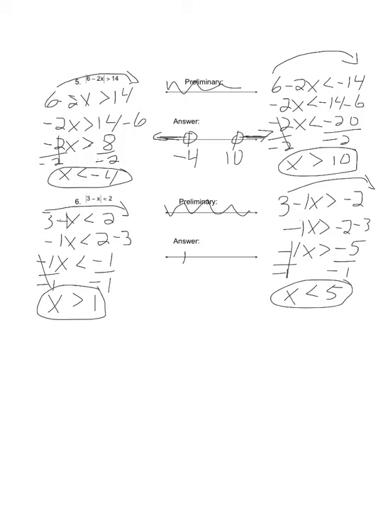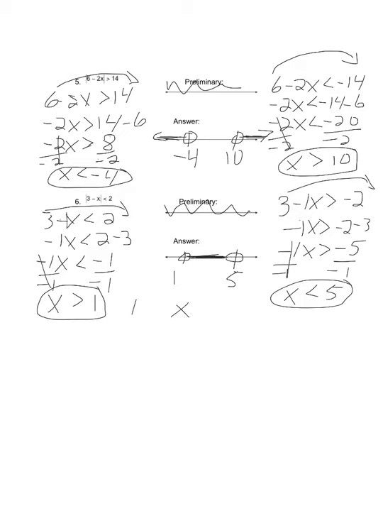On the number line, 1 comes first. And it would be an open circle because it's not equal to. Shaded which way? To the right. And then we put our 5. It's an open circle. It says x is less than, so I shade to the left. Since it's in the middle, I got to put my x back in the middle.